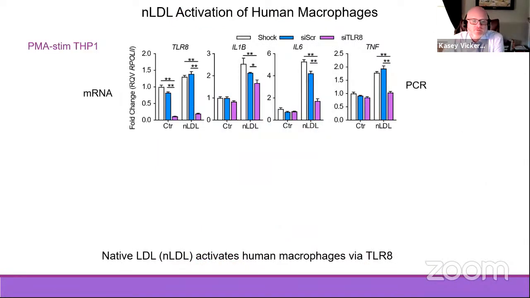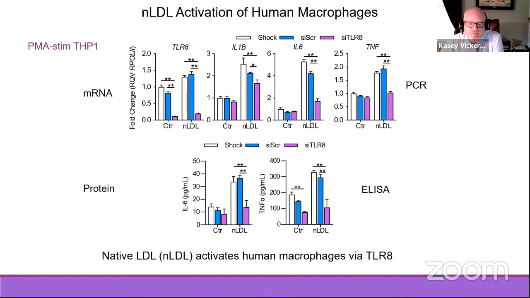All right, so to demonstrate that TLR8 is the receptor for LDL activation, we used siRNAs. We nucleofected our THP1 cells with either scrambled siRNAs or siRNAs to knock down TLR8. Our knockdown was quite effective with this transfection protocol, and it worked.